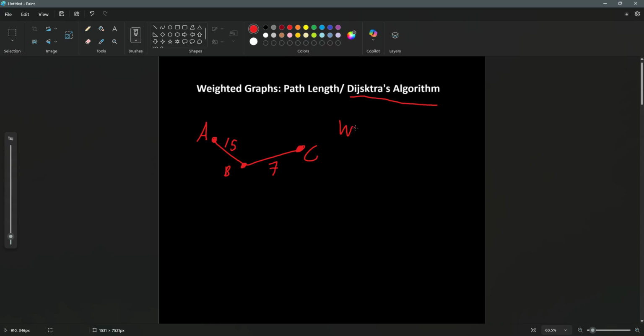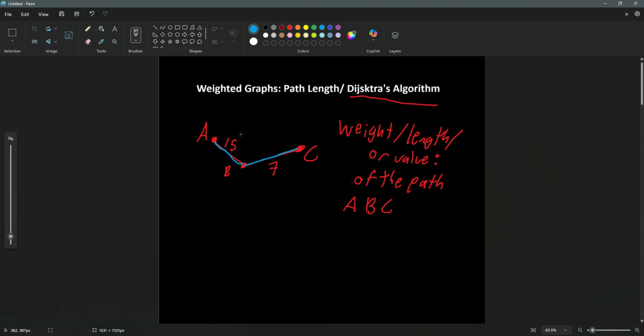The question I'm going to ask is, what is the weight or length or value of the path A, B, C, which in this case is us going from here over here?